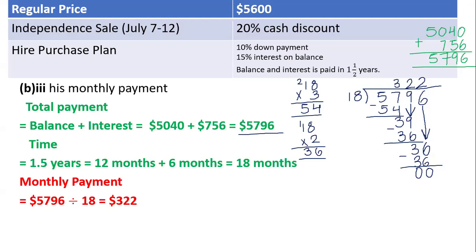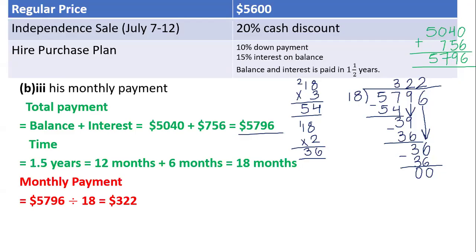The time is 1.5, which is 12 months plus 6 months. It gives 18. Then for the monthly payment, divide the total payment by the time, and you get your answer. Very good.